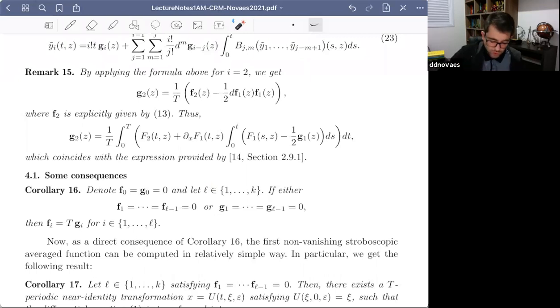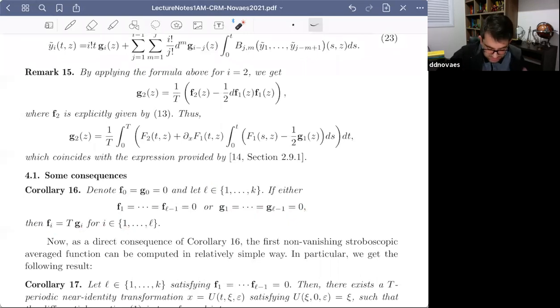If either one of these two conditions hold, that is, if f1 up to f(l minus 1) is equal to 0, or g1 up to g(l minus 1) is equal to 0, then fi is equal to t multiplied by gi for every i between 1 and L.